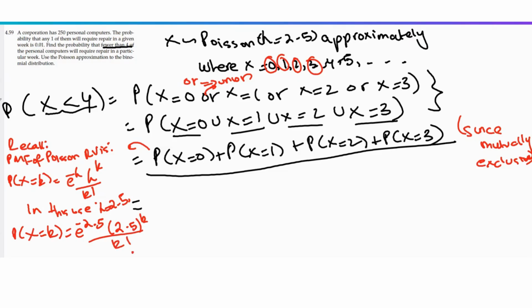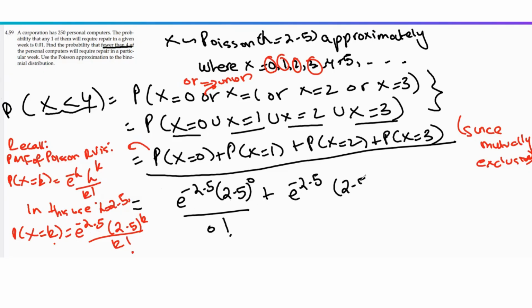Now let's actually use this PMF. Probability x is 0: instead of k, you just plug in 0 here. So this becomes e to the minus 2.5, 2.5 to the power 0 divided by 0 factorial. 0 factorial is 1, so this is not an issue. Probability x is 1: instead of k, plug in 1: e to the minus 2.5, 2.5 to the power 1 divided by 1 factorial.